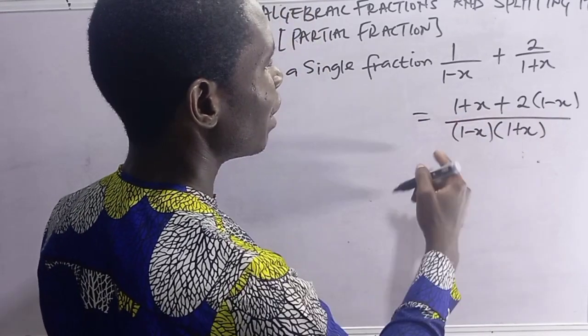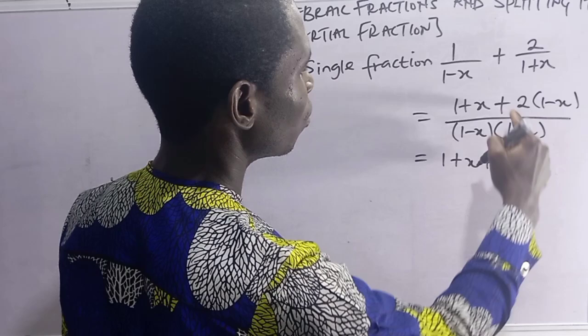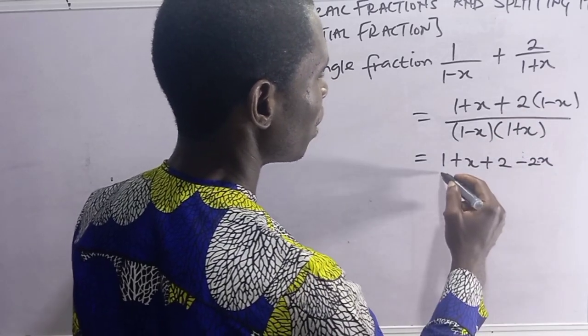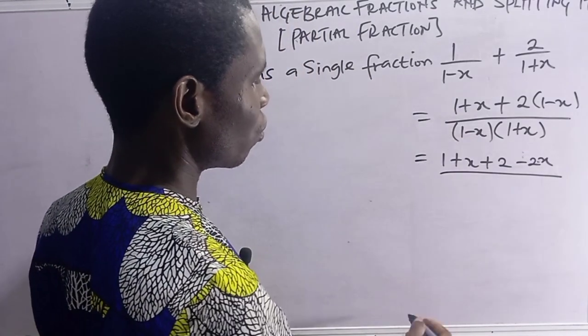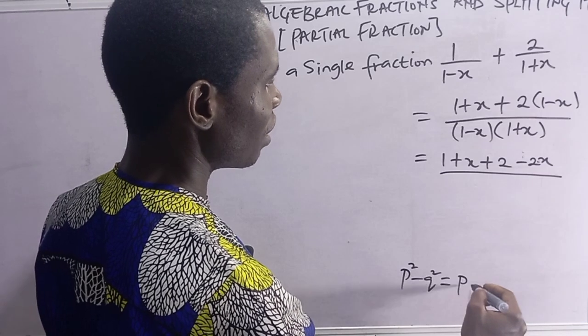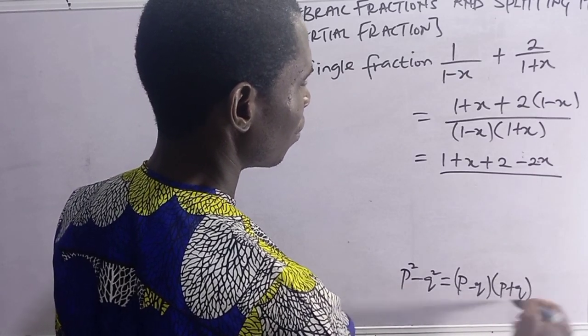And we can simplify the numerator. The numerator is 1 plus x plus 2 times 1 is 2. Here we have minus 2x. All over, at the denominator we have the difference of 2 squares. p squared minus q squared is the same as p minus q into p plus q.